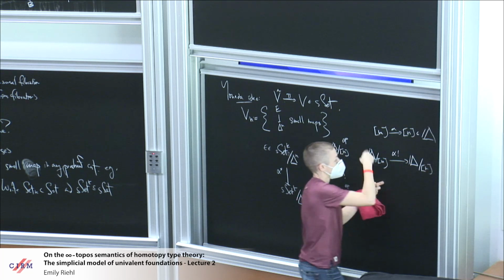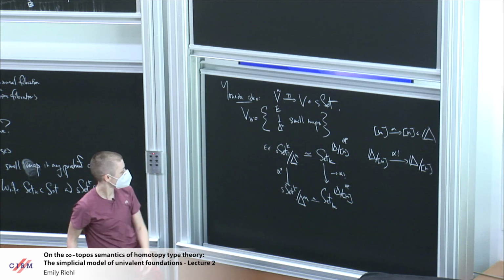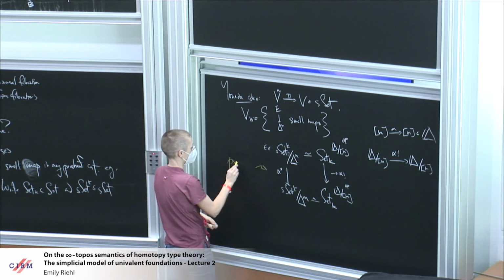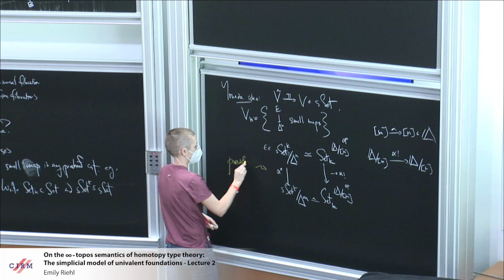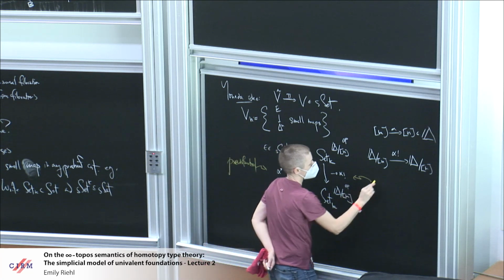So if I have something in the slice over m, I can just compose with alpha and get something in the slice over n. And the key thing to note is that on this side, this is a pseudo-functorial action. Pullbacks compose up to isomorphism, but here this is strictly functorial.